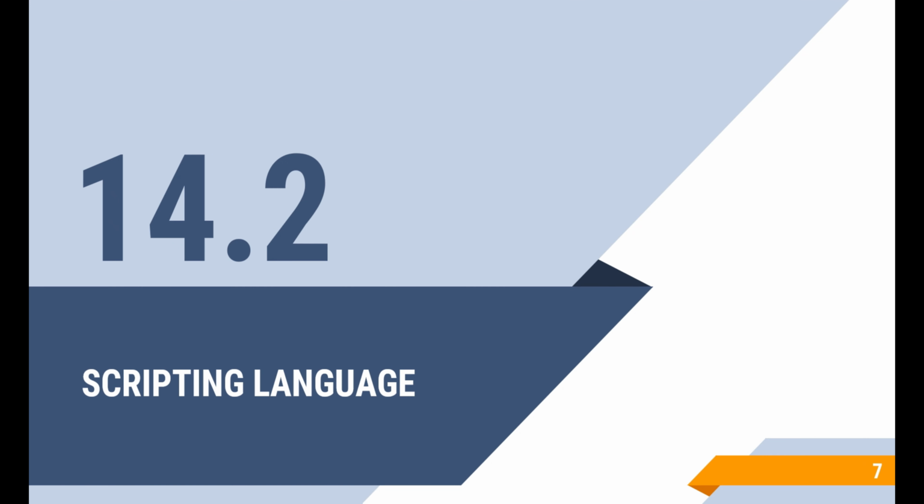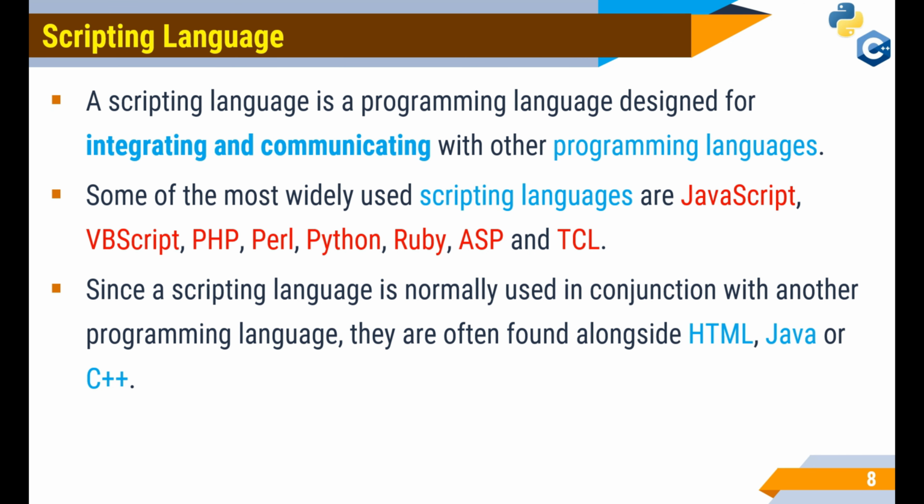Next, 14.2, the scripting language. A scripting language is a programming language designed for integrating and communicating with other programming languages.